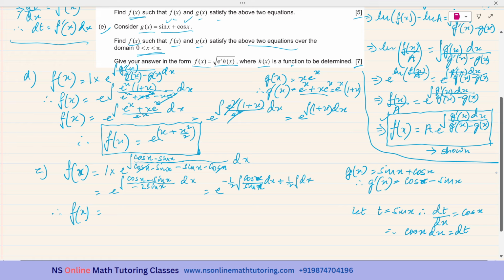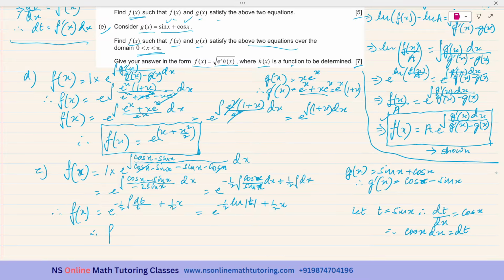So this is e to the power of negative half, and cos x dx equal to dt, so dt over t, t is sin x, plus half x from the second integral. So this is equal to e to the power of negative half ln of t plus half x.